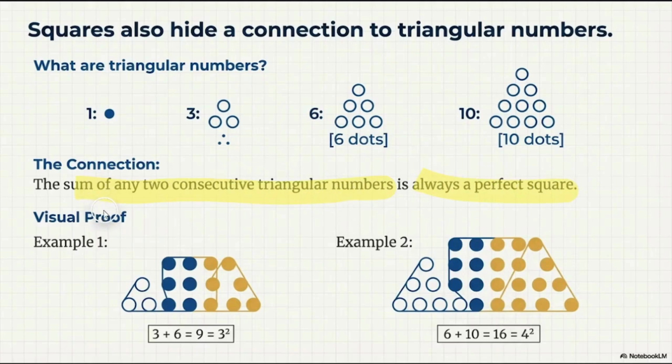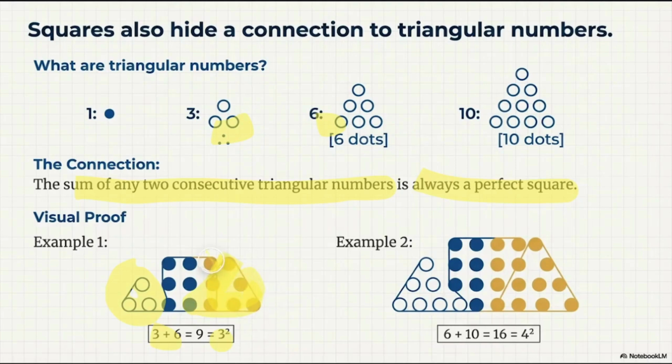How? As was already mentioned previously, visuals are the best things to explain. For example, if I take 3 and 6, two consecutive triangular numbers, 3 plus 6 is 9. 9 is 3 square. So how can we see that it is forming a perfect square? Here you can see 3, the first triangular number, and then 6, right?